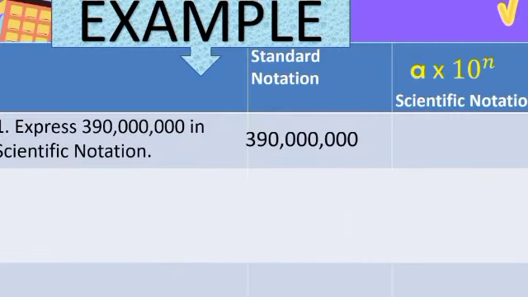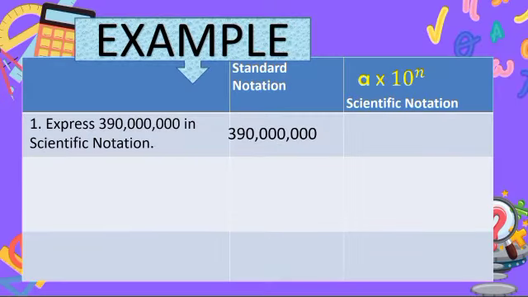So, first, identify natin yung ating tinatawag na significant digits. So, yung significant digits natin dito ay 3 and 9. Our a, since the standard form is a times 10 to the n power, is 3.9. Yung 3.9, remember our a is greater or equal to 1 but less than 10.